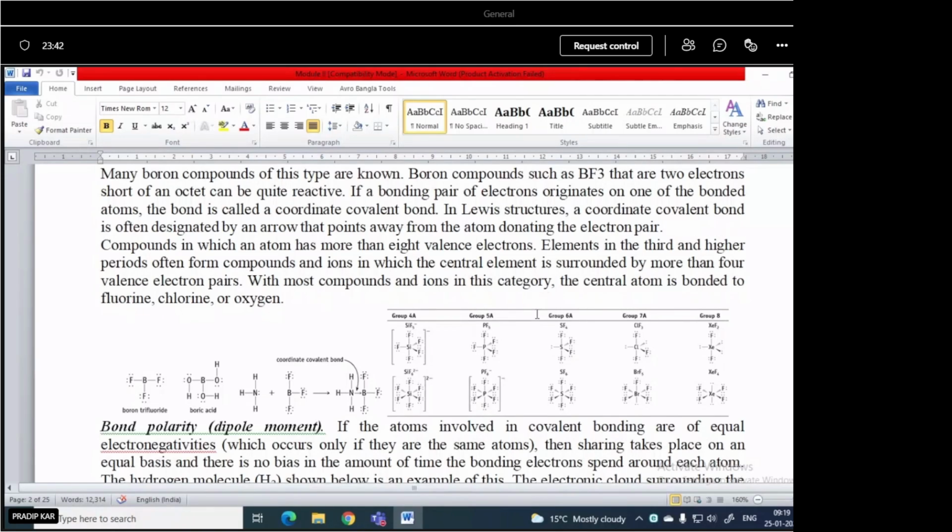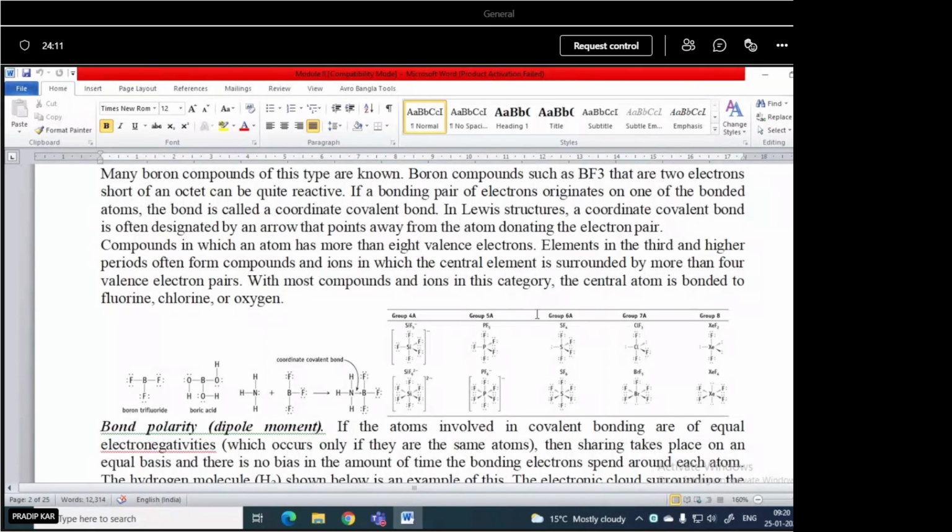It arises for the covalent bond when the two atoms have an electronegativity difference. In that case, the sharing pair is not exactly equally shared by the two centers.